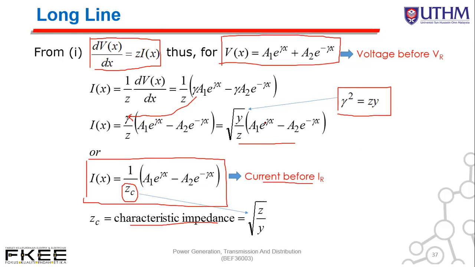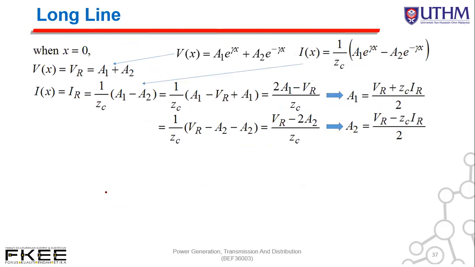Now we have the value of Vx and also the value of Ix. When x equal to 0, first recall that we have this value Vx, and we have the value for current, that is Ix. So for x equal to 0, Vx can further be simplified.